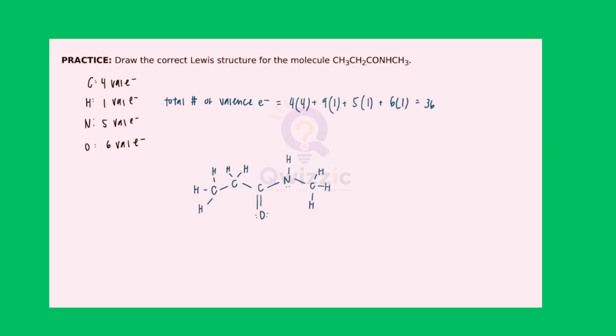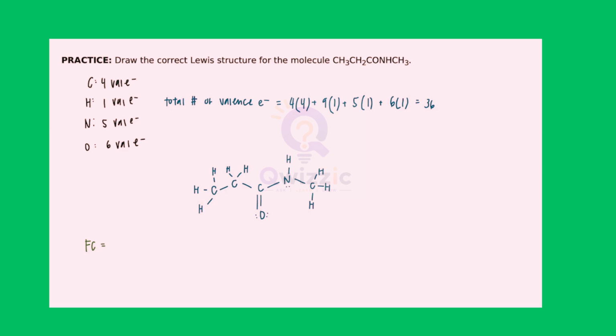So we can go ahead and add formal charges to atoms if the total number of valence electrons are not equal to the sum of the bonded pair of electrons and lone pairs. And to calculate formal charge, let's go ahead and write this formula out. So we can shorten formal charge to just FC.